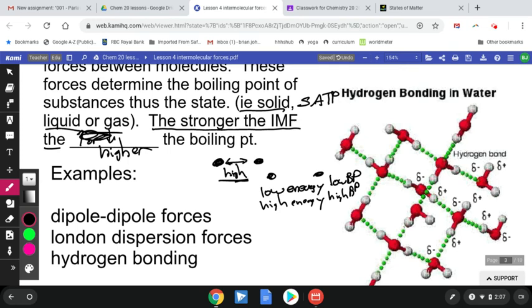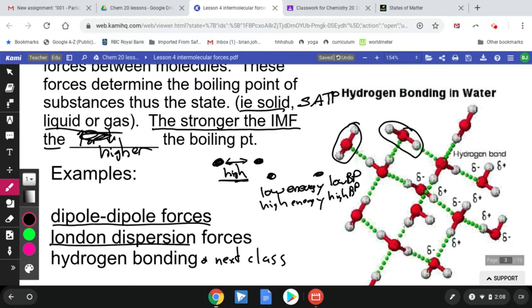And we're going to be looking at 2 intermolecular forces today, dipole-dipole and London dispersion. Hydrogen bonding we will save for next class. Just to give you an idea of what hydrogen bonding looks like, these are all water molecules, and they are all being attracted to their neighboring molecules with an intermolecular force that we call hydrogen bonding.